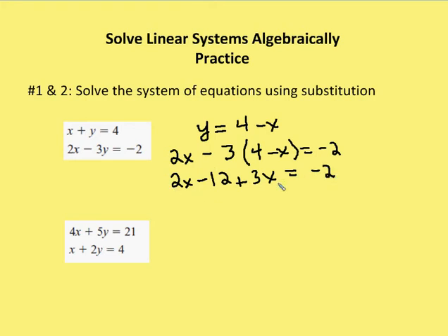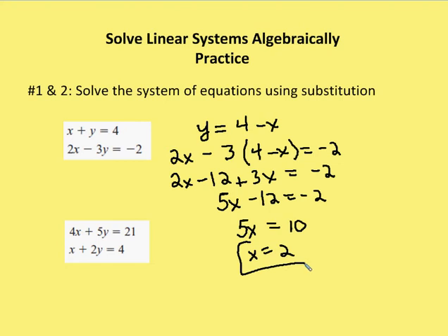So I have 2x plus 3x, that's 5x, minus 12 is equal to negative 2. Now I'm going to add 12 to both sides, and I have 5x is equal to 10, and x is equal to 2.